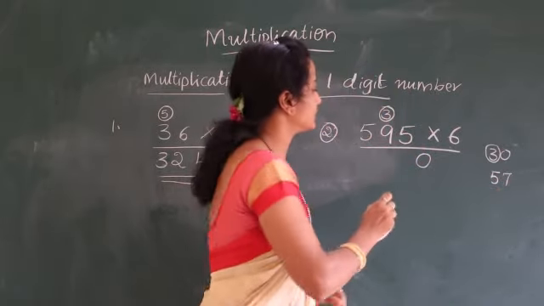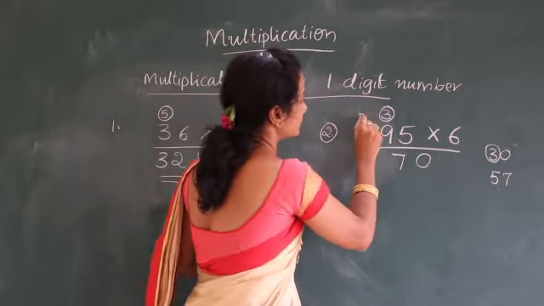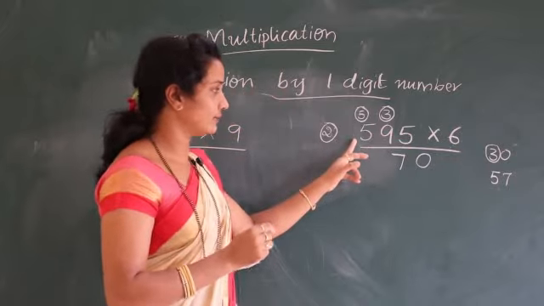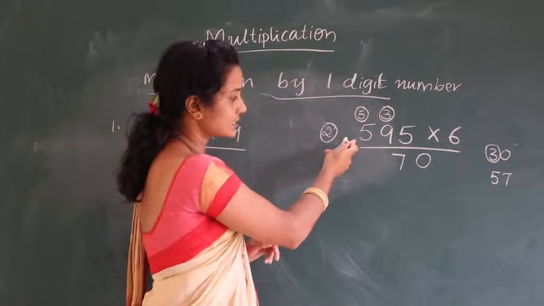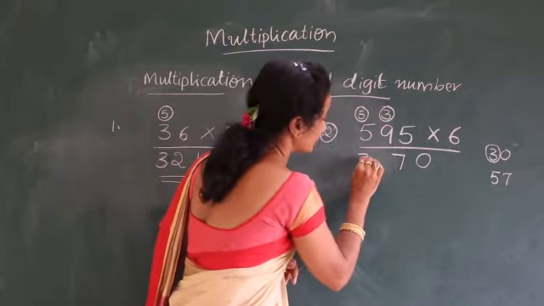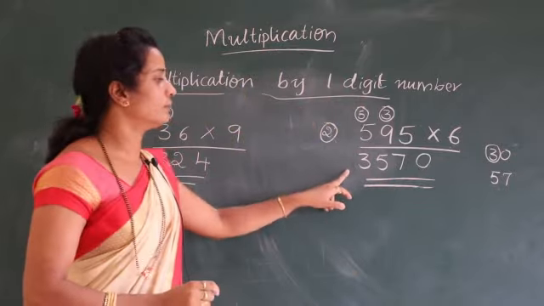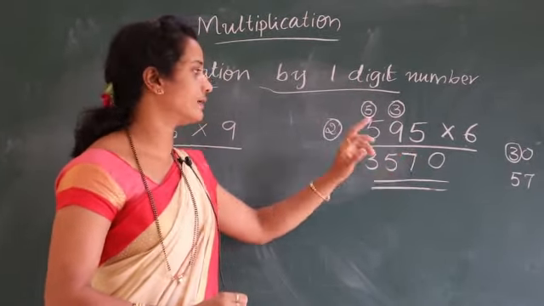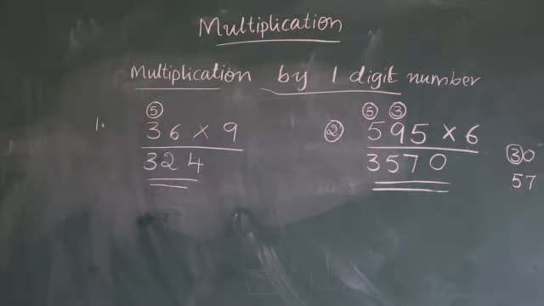Out of this 57, I will write 7 here and 5 is carried to the next place. Now 6 5s are again 30. 30 plus 5 is 35. Since there is no more number, I have to write the final answer here. So the product will be 3570. So 595 into 6 gives you 3570.